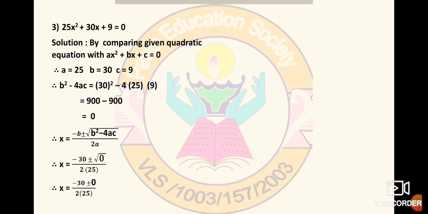Now x is equal to minus 30 plus minus 0 upon 2 into 25, you will get 50. So x is equal to minus 30 plus minus 0 upon 50.